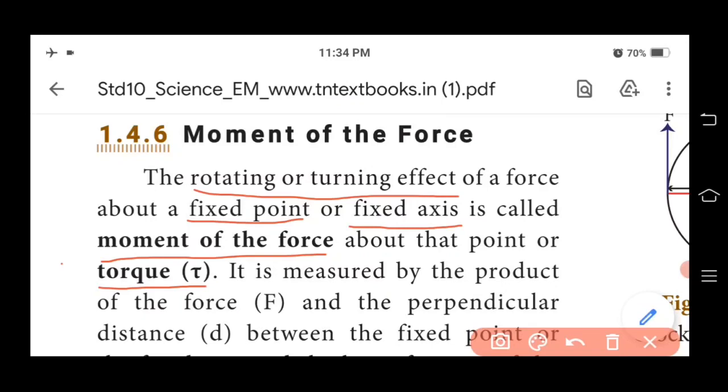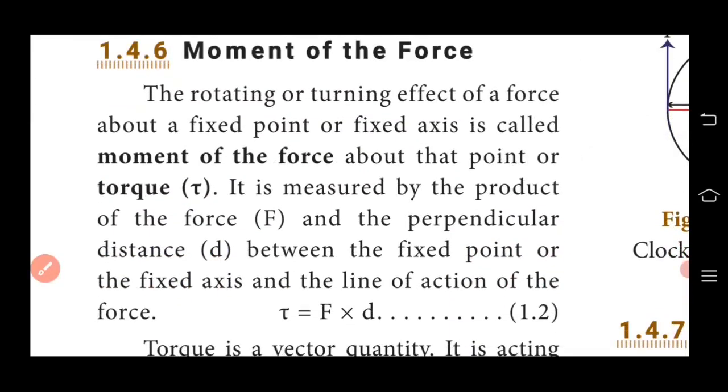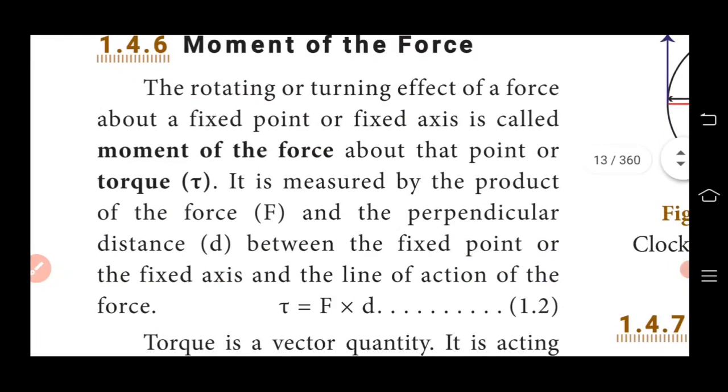It is measured by the product of the force F and the perpendicular distance d between the fixed point or the fixed axis and the line of action of the force.